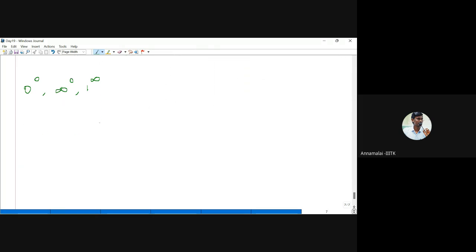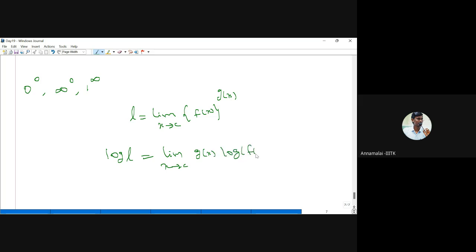Suppose L is the limit of a function f of x power another function g of x. If you take x goes to c, you'll get either 0 power 0 or infinity power 0 or 1 power infinity. Then you have to take log on both sides. Therefore, log L equals the limit as x goes to c of g of x into log of f of x.